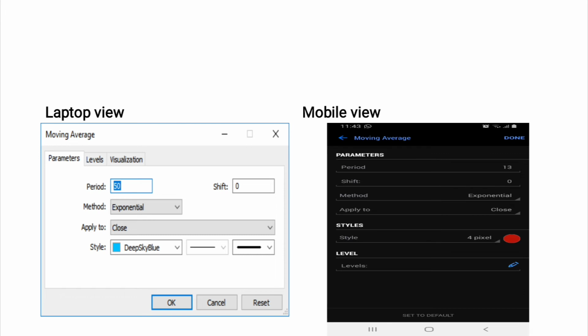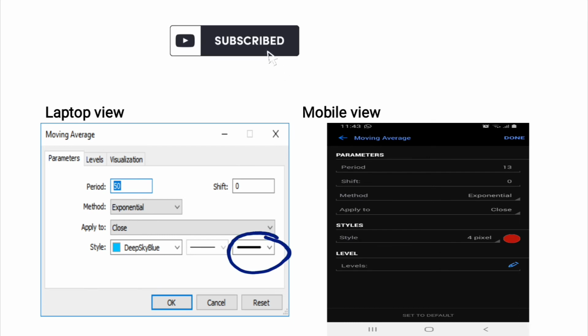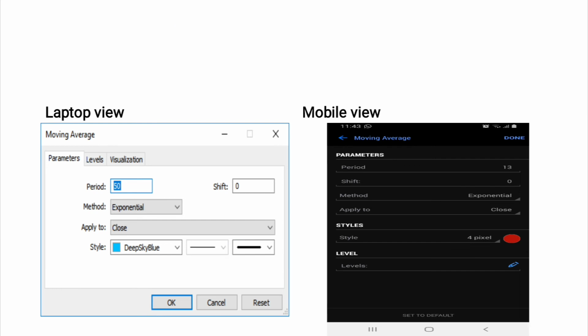Then on method, that's where you can have simple, exponential, linear weighted, smoothed. And then Apply To can be close, open, high, low, median price. And obviously you've got the color of the moving averages and the size, the thickness of the lines.